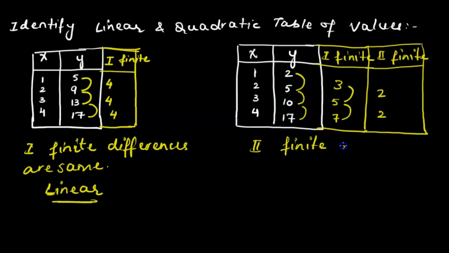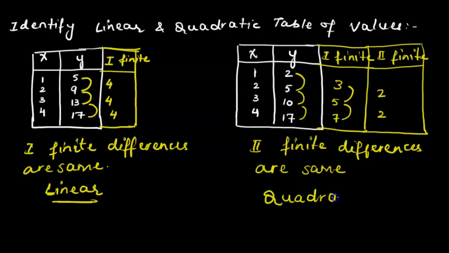If the second finite differences are the same, then this table of values represents a quadratic equation. If neither the first nor the second finite differences are the same, then we say it's neither a linear nor a quadratic relation. And this is how we find out if a given table of values belongs to a linear or quadratic equation using finite differences.